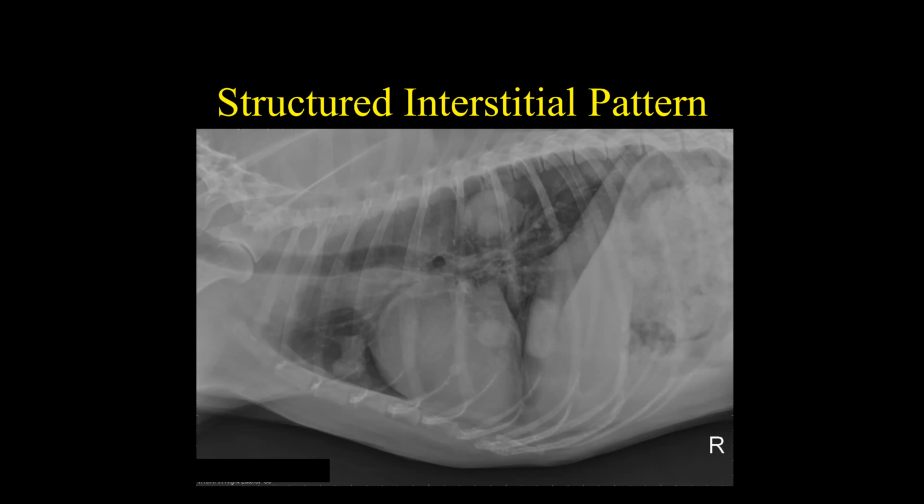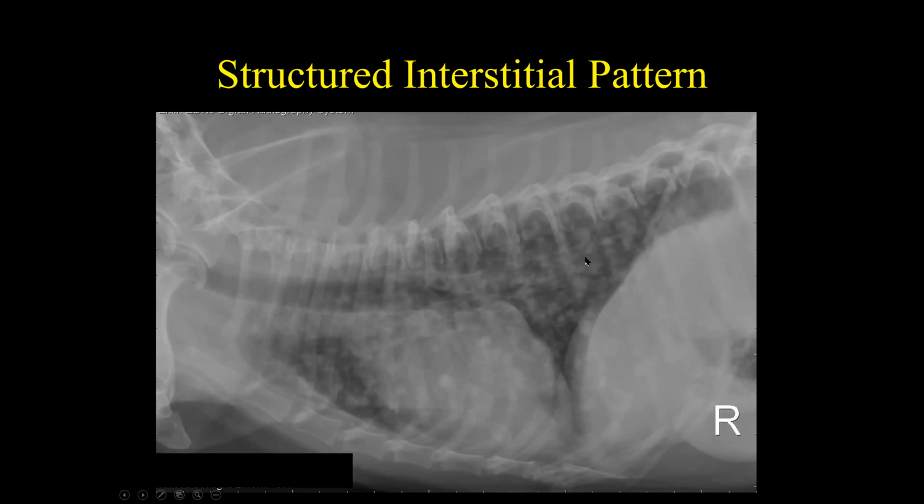Most likely, especially if this dog is middle-aged to older, this is going to be some type of metastatic lung disease. So he's probably got a primary tumor somewhere else that has metastasized to the lung. And for the most part, 99% of the time, if you see multiple variously sized, rounded soft tissue nodules scattered throughout the lung, the prognosis for that animal is going to be really poor.